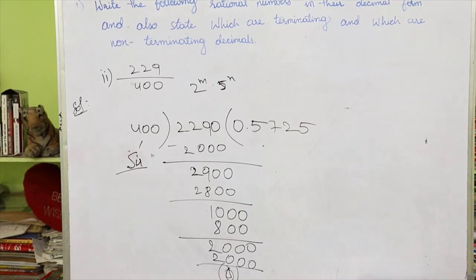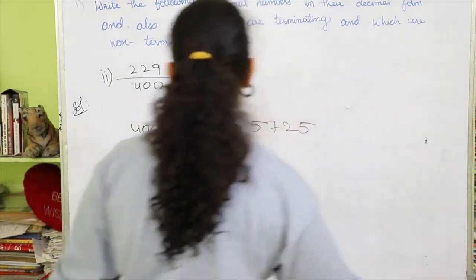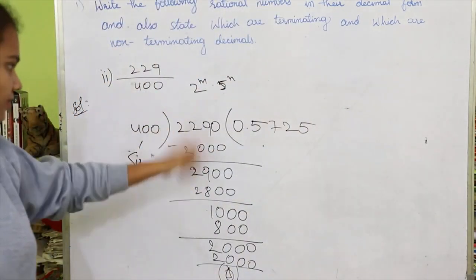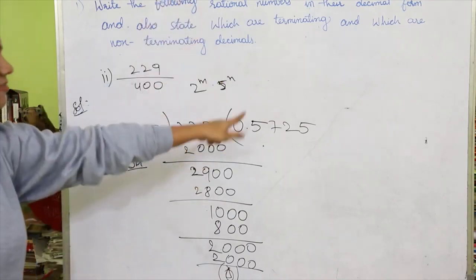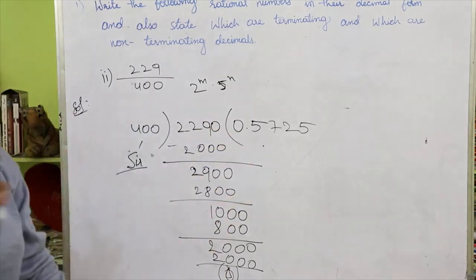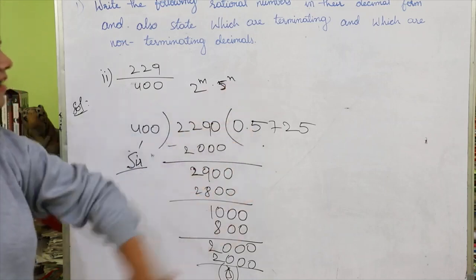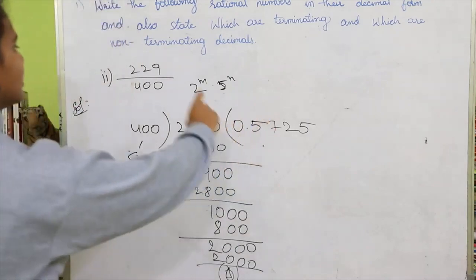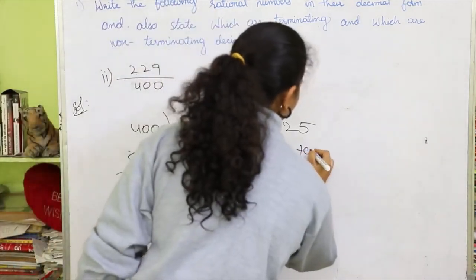So here you have 2290 minus 2000. So you got 0.5725, where this is a terminating decimal. We got a decimal point 0.5725, where it has an end digit and it's a finite decimal. Clear? It is having an end digit, so therefore this is a terminating decimal.